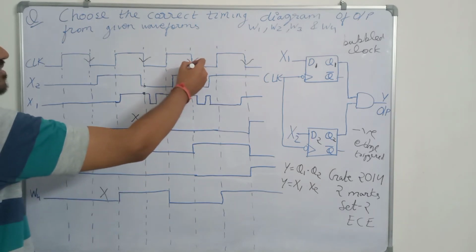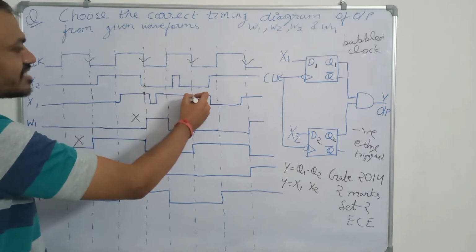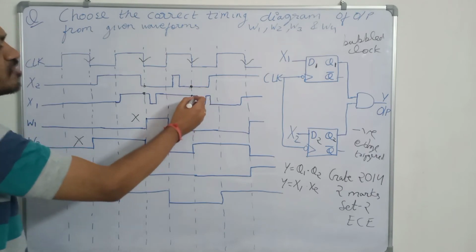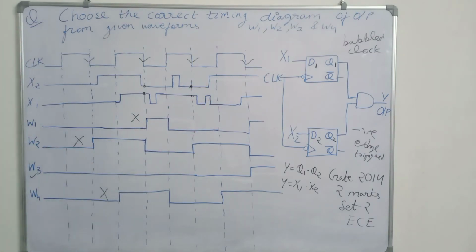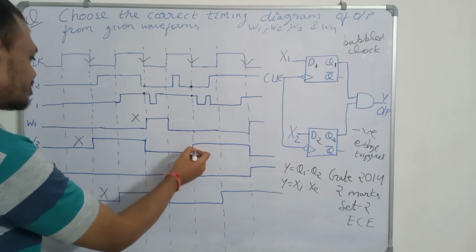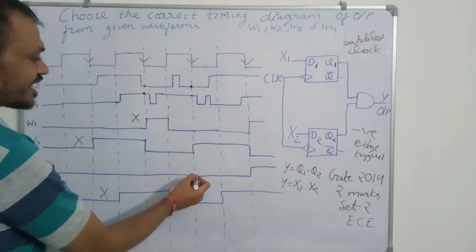Now at this negative edge, x2 is 0 and x1 is 1. Again when we AND 0 and 1, the output is 0. So again W1, W2 and W4 cannot be correct, and W3 is 0.